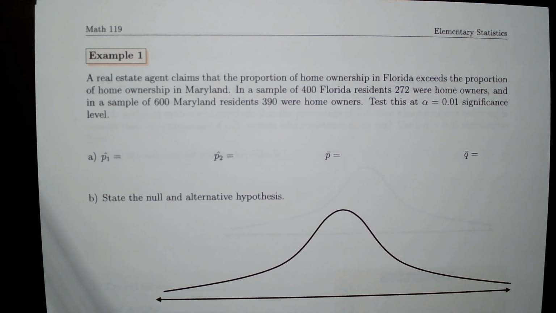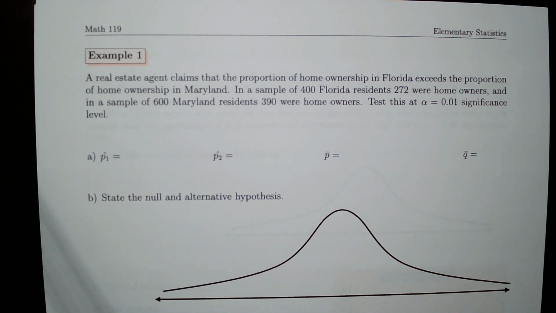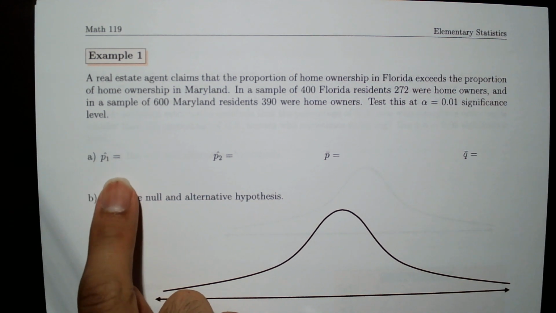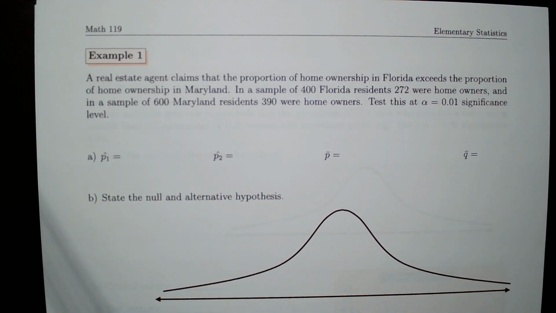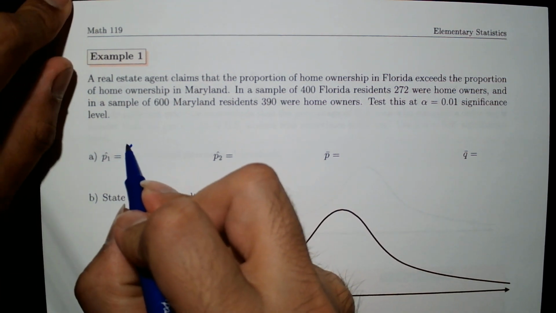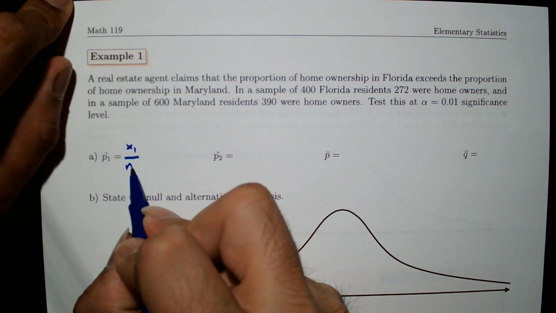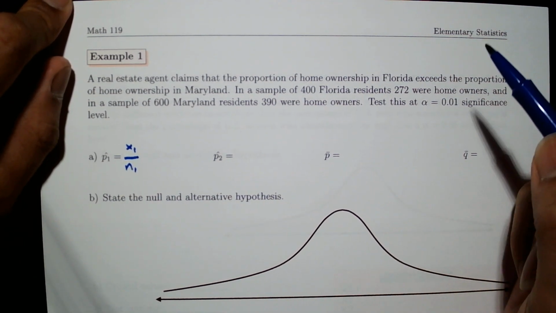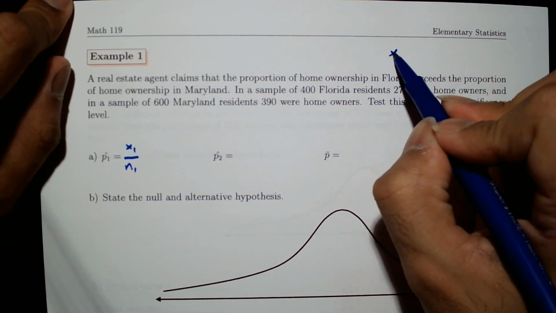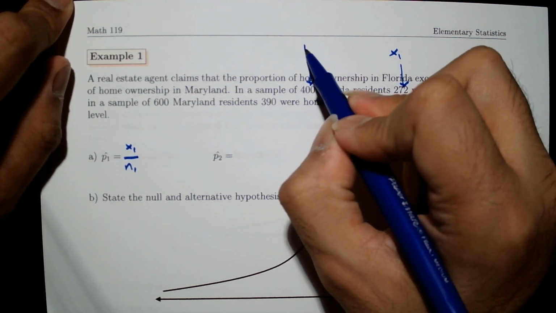So let's look at this. We're going to state the p hat 1, but how about we do some highlights first. This is going to be x1 over n1, and in this case, this is our x1 and this is our n1.